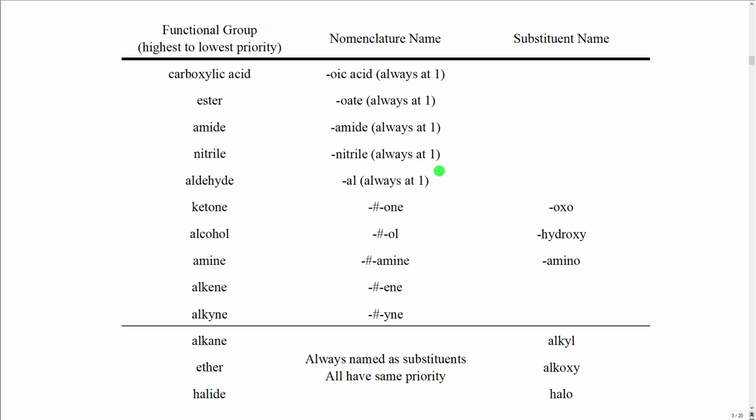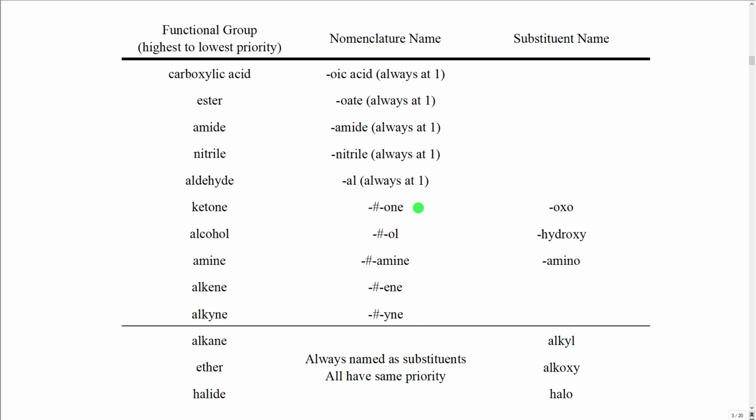We're mostly interested in this chapter in aldehydes and ketones. We can see that to name an aldehyde, we append the suffix al on the end of the parent and unsaturation names. We don't have to put a number in front of the al because aldehyde carbons will always be at the end of a chain, and since they would presumably be the highest priority, they would be at number 1.